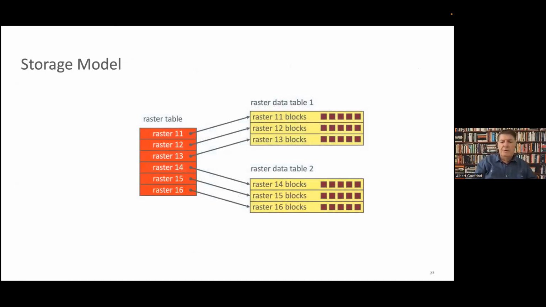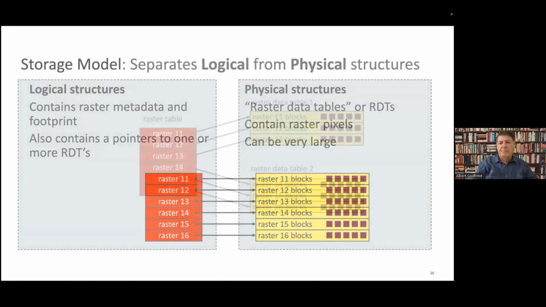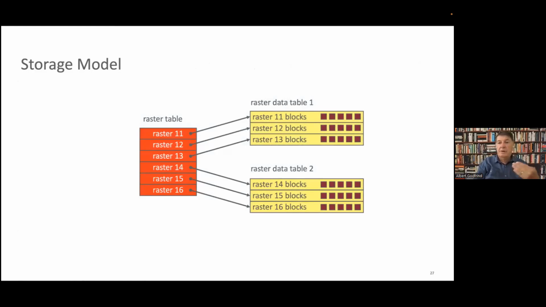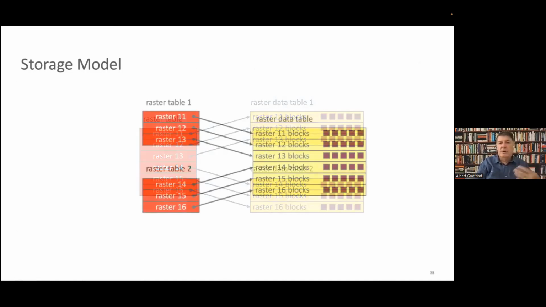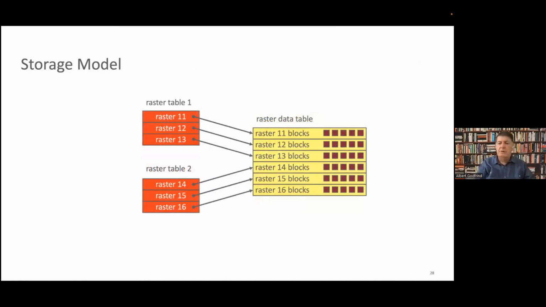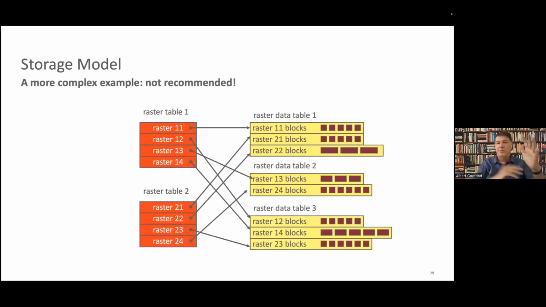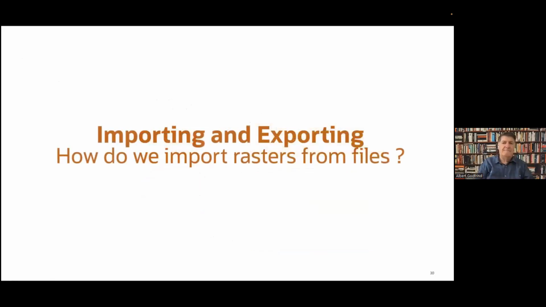All right. So you can have multiple of these RDTs, for example, one for old data and one for new data. For partitioning, you could partition a table, or you could have multiple sharing tables, or you could have pointers all over the place, which is probably not a good idea because it might be difficult to understand. All right, so structures are like that.